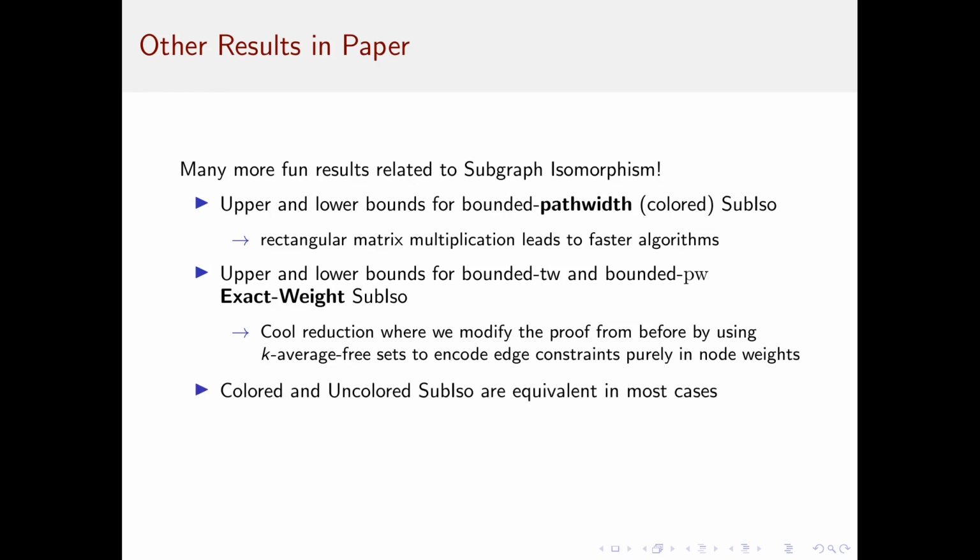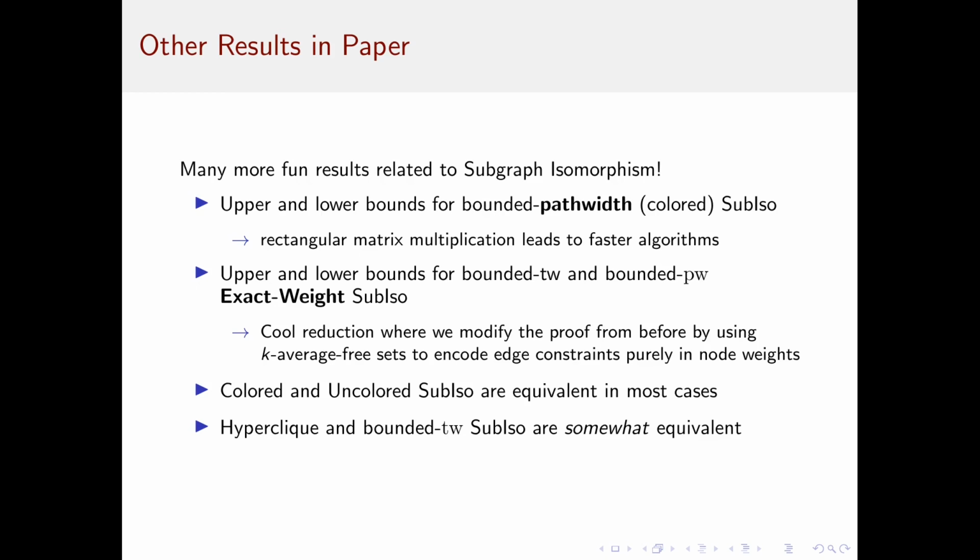There's also the result on colored and uncolored subgraph isomorphism being equivalent, and we show that this is the case for most of these settings that we examine. Okay, and the last thing that I want to mention is that we didn't just show a reduction from the hyperclique to the bounded treewidth subgraph isomorphism problem.